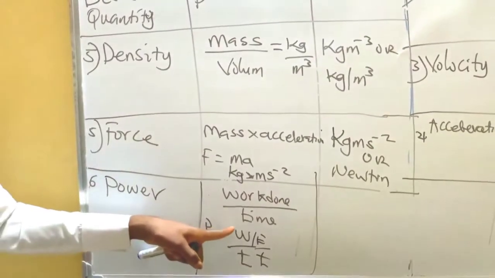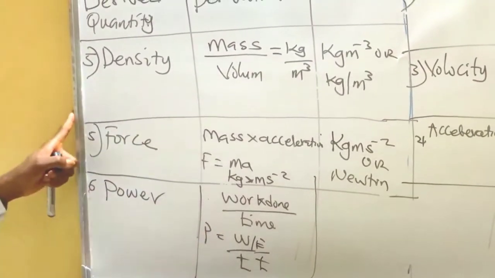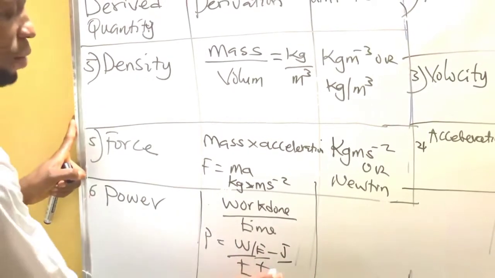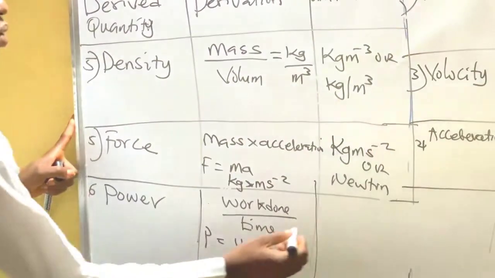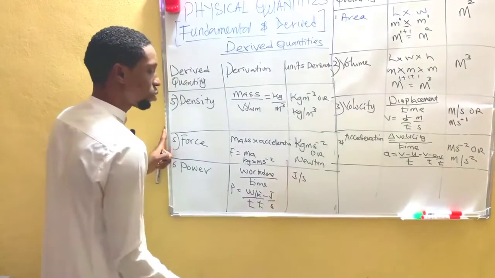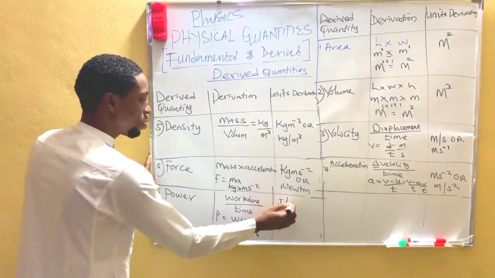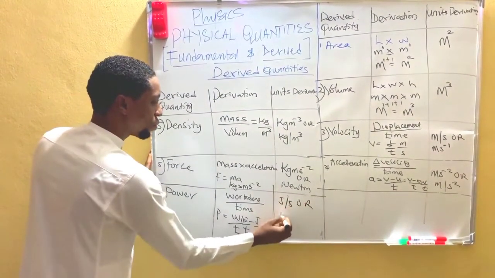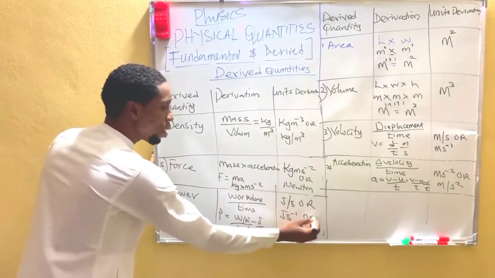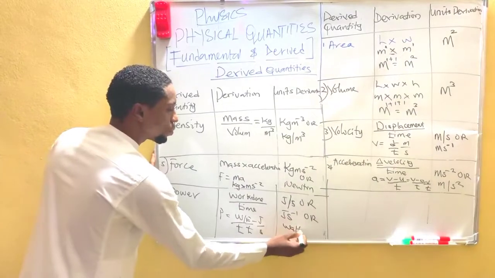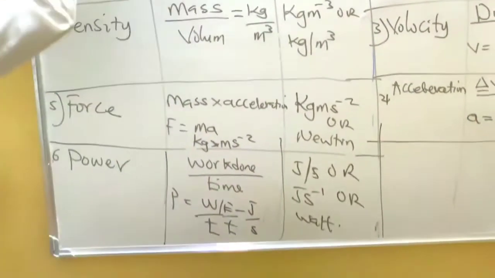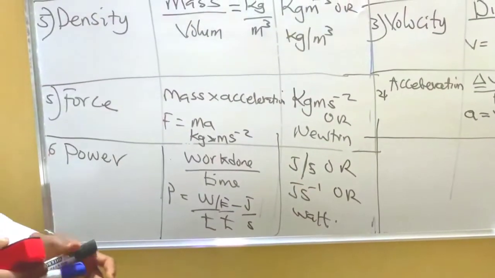Now, what is the SI unit of energy? Energy is measured in joules. Time is measured in seconds. You have the SI unit of power to be joules per second. Or you can measure power in watts. That is why you have 60 watts of bulb, and so on and so forth.